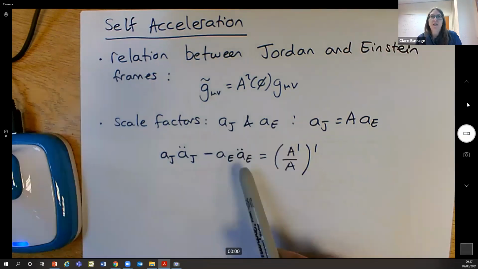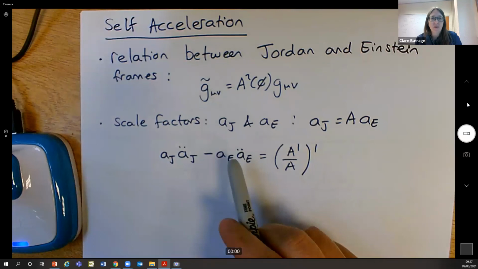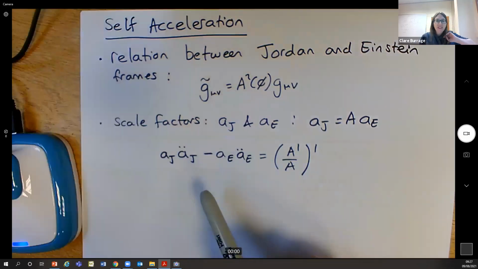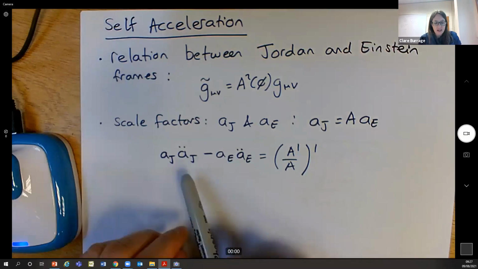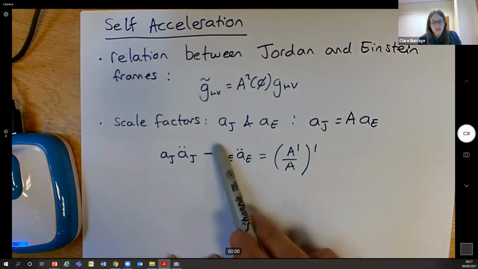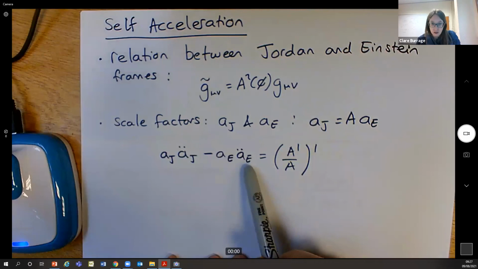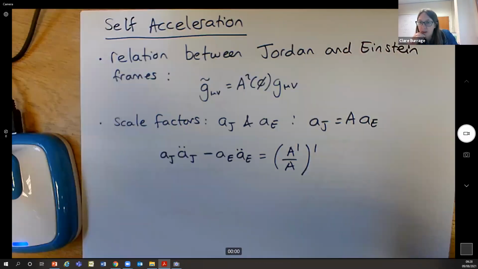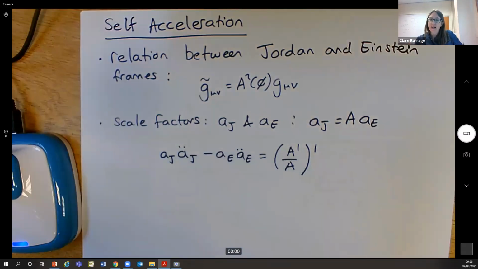Which way around are we? Sorry, let me check. I don't want to say this the wrong way around. So we said, right, yeah, if our Einstein frame scale factor is not accelerating, that means then, sorry, I'm rushing because I'm aware that we're coming up to half past, and maybe I'm not being clear here.